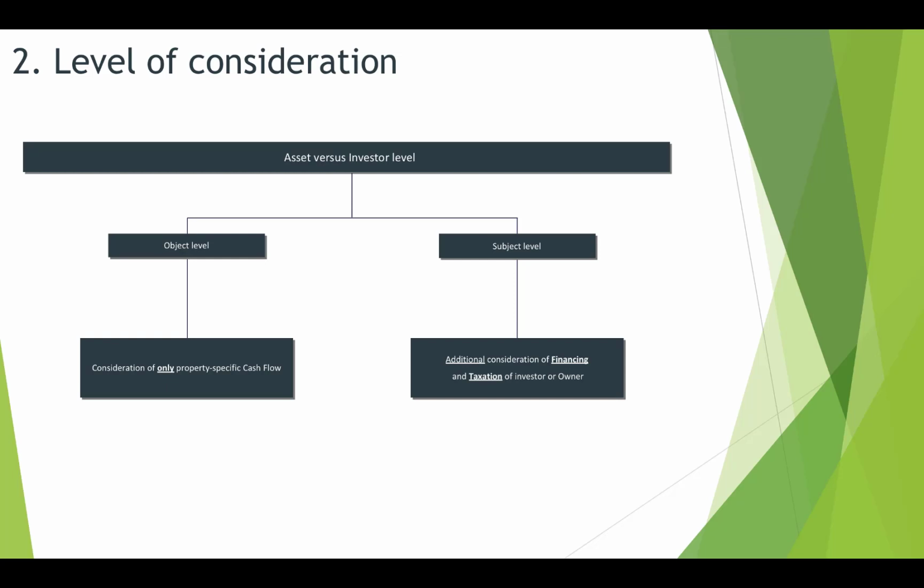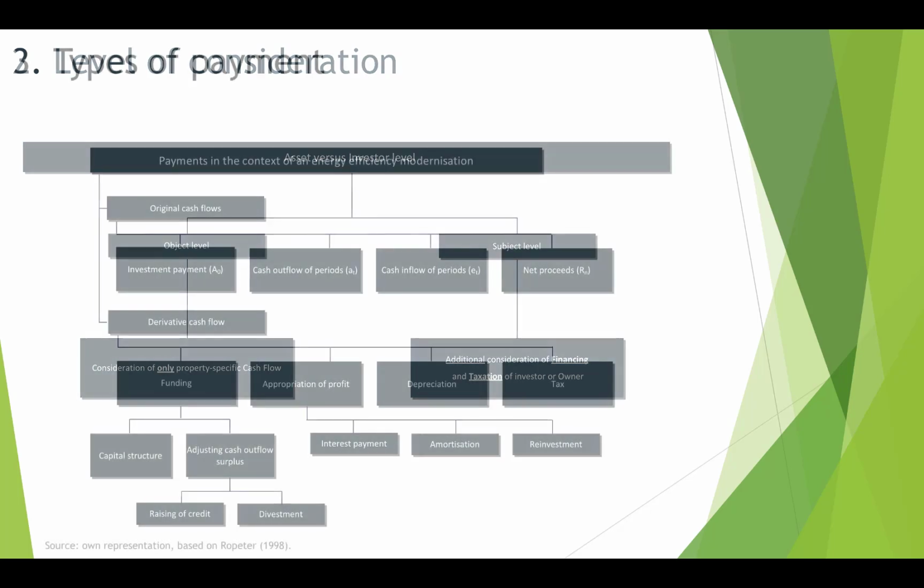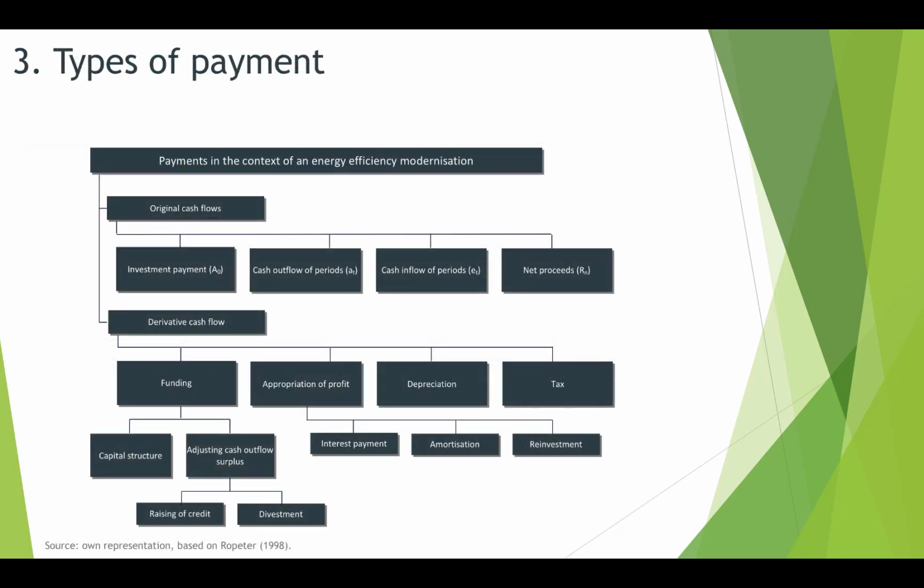Hence, the decisive factor in using the FOFI method for assessing the profitability of energy-efficient modernization procedures is that this dynamic process involves not only the payment series of an investment property, but also the payments due to financial dispositions related to the property.